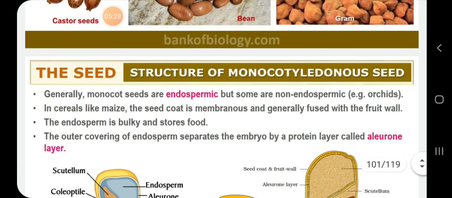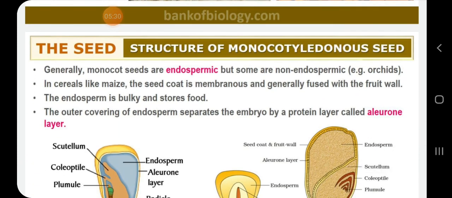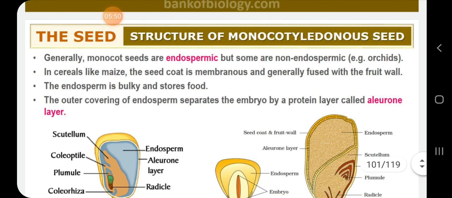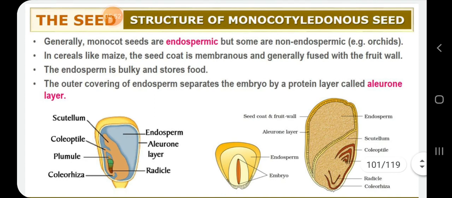Generally monocot seeds are endospermic, because with one cotyledon the remaining endosperm is not consumed, so they become endospermic seeds. Very few are non-endospermic seeds, for example orchids.